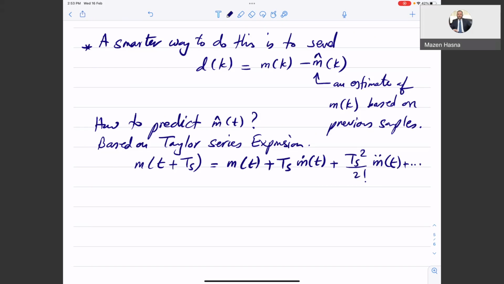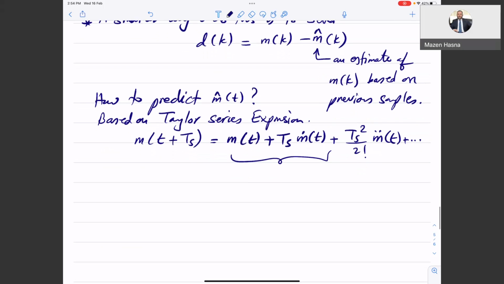This is the Taylor expansion. Assuming that Ts is very small, since we are sampling at the Nyquist rate or more, let's focus on the first two terms. Of course, if you can do it for all terms, you have the exact prediction. So let's focus on those and do this in discrete time.